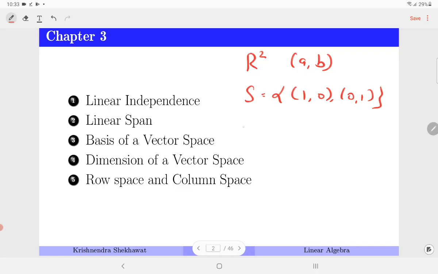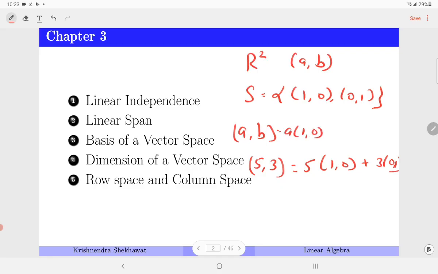Why? Because if I consider any element, let's say (5, 3), then (5, 3) can always be expressed in terms of (1, 0) and (0, 1). Similarly, (a, b) can always be expressed in terms of them.